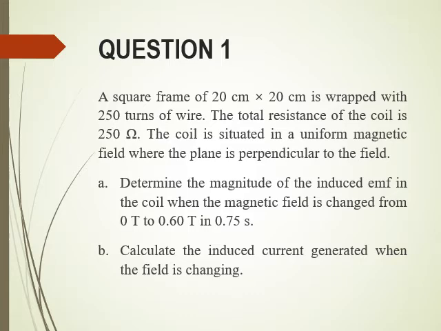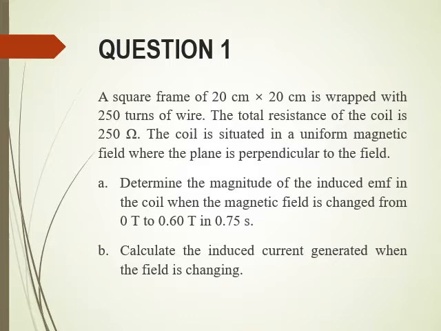Question 1. A square frame of 20 cm by 20 cm is wrapped with 250 turns of wire. The total resistance of the coil is 250 ohm. The coil is situated in a uniform magnetic field where the plane is perpendicular to the field.